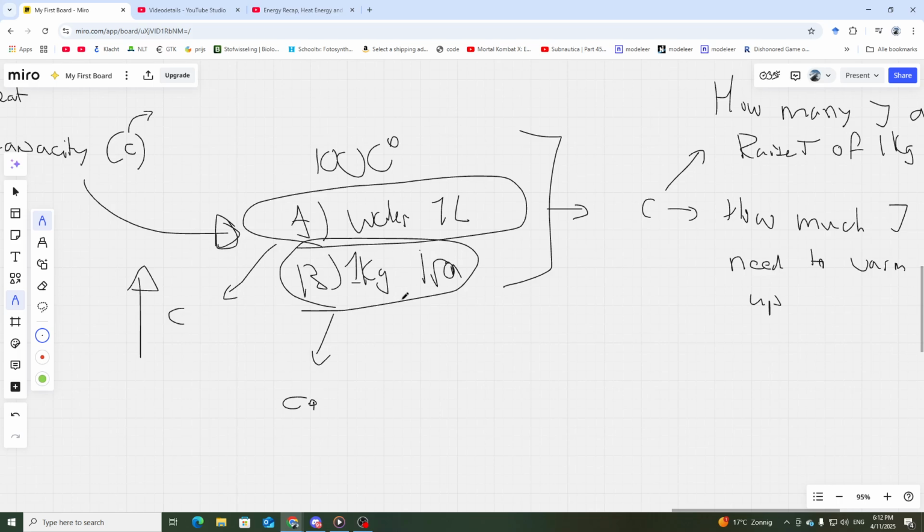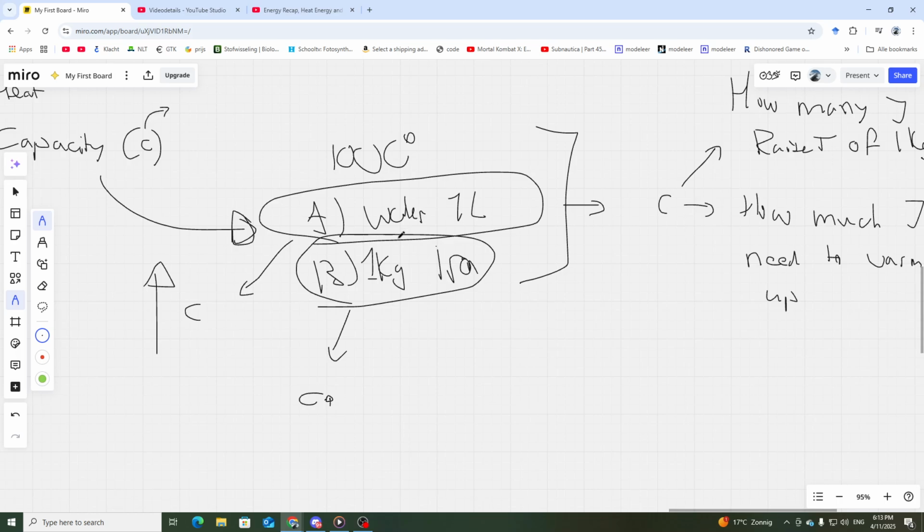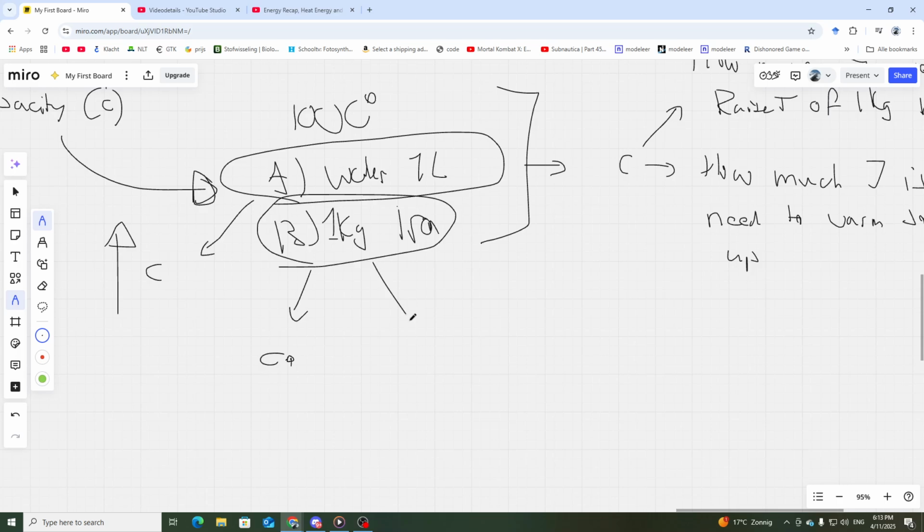And why is that? It's because metals have a very low specific heat capacity. So at 40 degrees Celsius, they heat up so easily. A metal gets super warm super easily, whilst water, in 40 degrees, is going to take a lot of time to get hot. That is the specific heat capacity, and that is why it takes more energy to warm up that water than it does to warm up that iron.